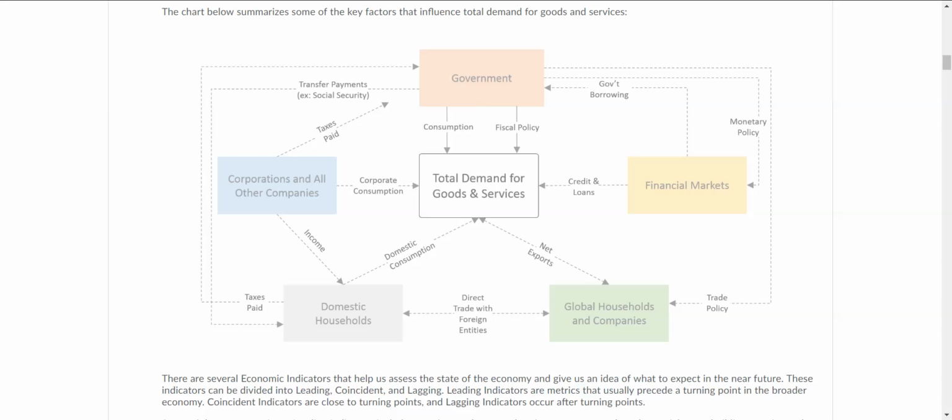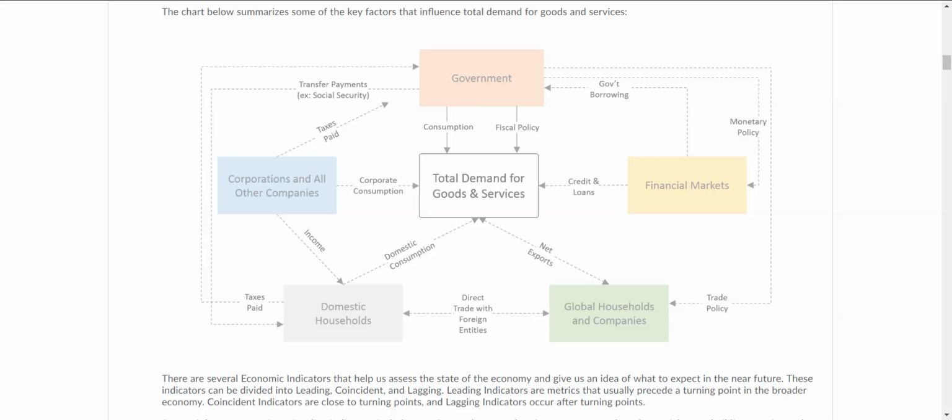If corporations are doing well, if taxes are low, then that's going to encourage investment, which is also going to impact total demand. It's also going to impact wages. If wages grow, then that creates more income, which also leads to excessive discretionary spend, which impacts total demand.